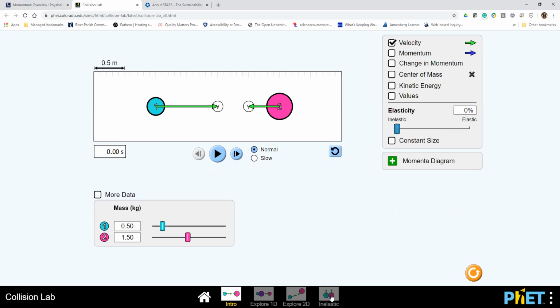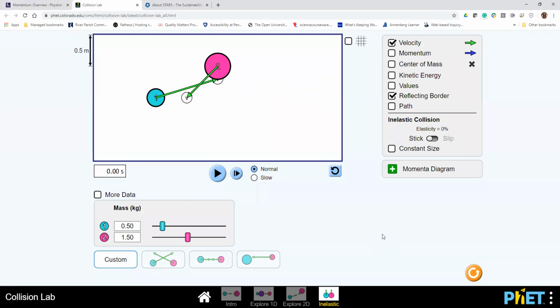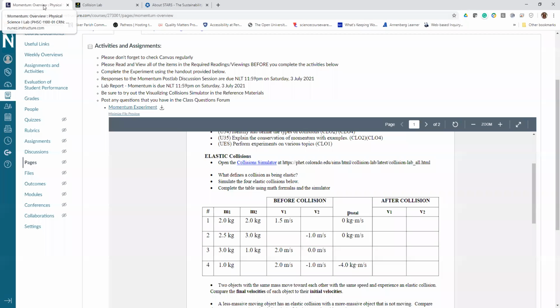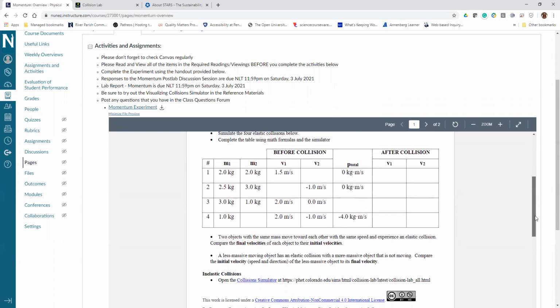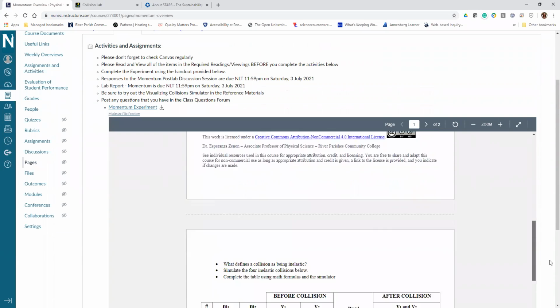Yes, ma'am. Okay. And then there is a collision where you can control whether they stick together or something like that. The idea here is that when you're dealing with the inelastic collision, as I mentioned today in lecture, kinetic energy is not going to be conserved. So you just follow whatever settings they ask you to utilize, and then answer the questions that they ask.